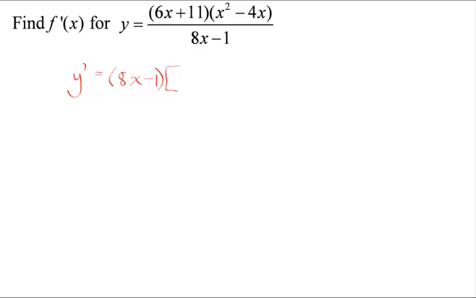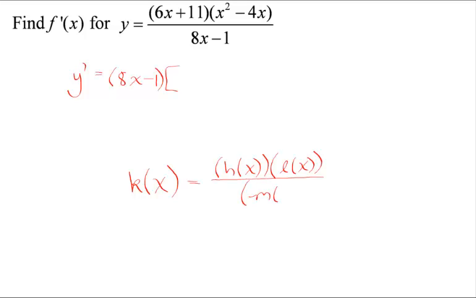If we were going to go back, let's call y k of x. That would be h of x times, let's just use different letters, L of x over M of x. We have a product in the numerator, so when I have d top, I'm going to have to use the product rule for derivatives.